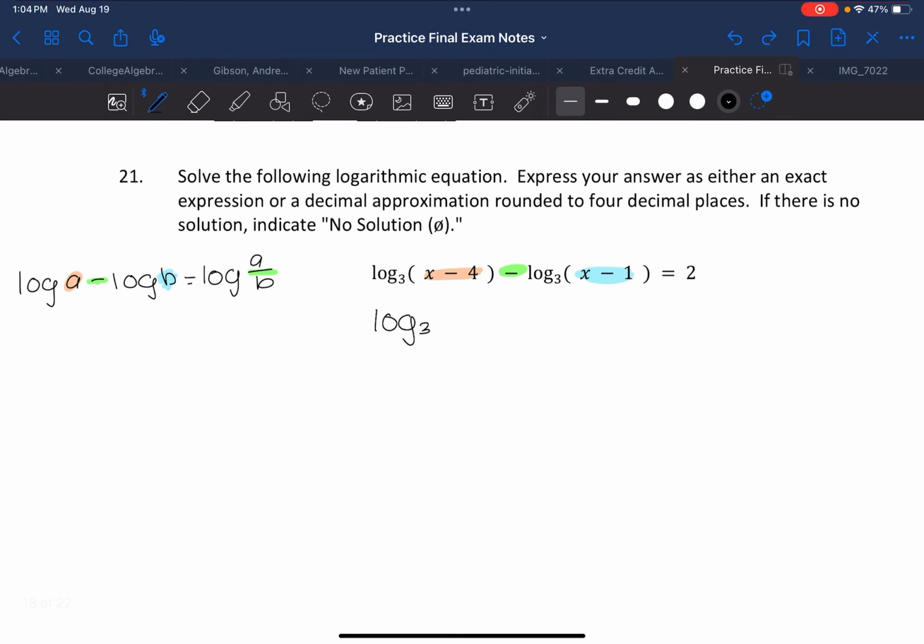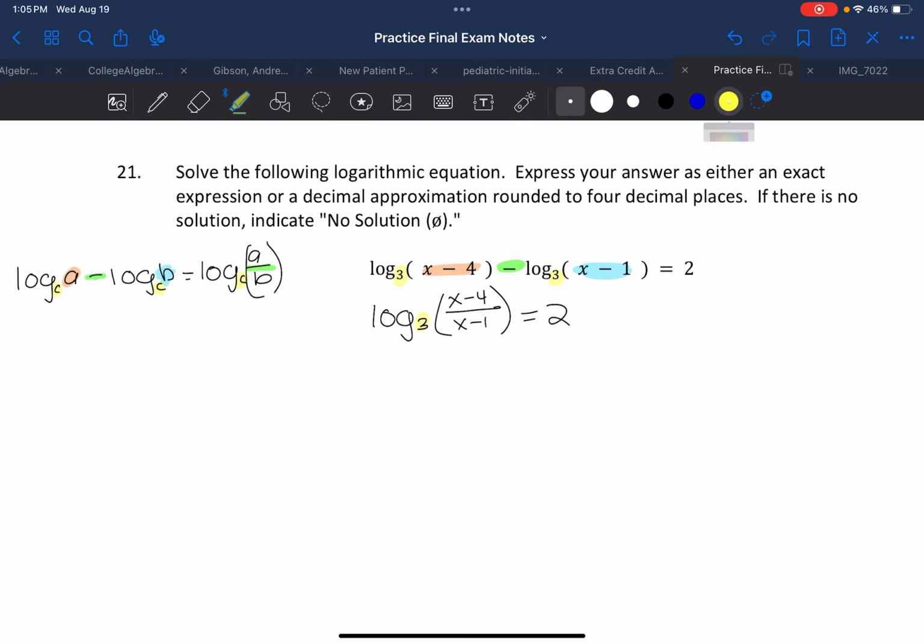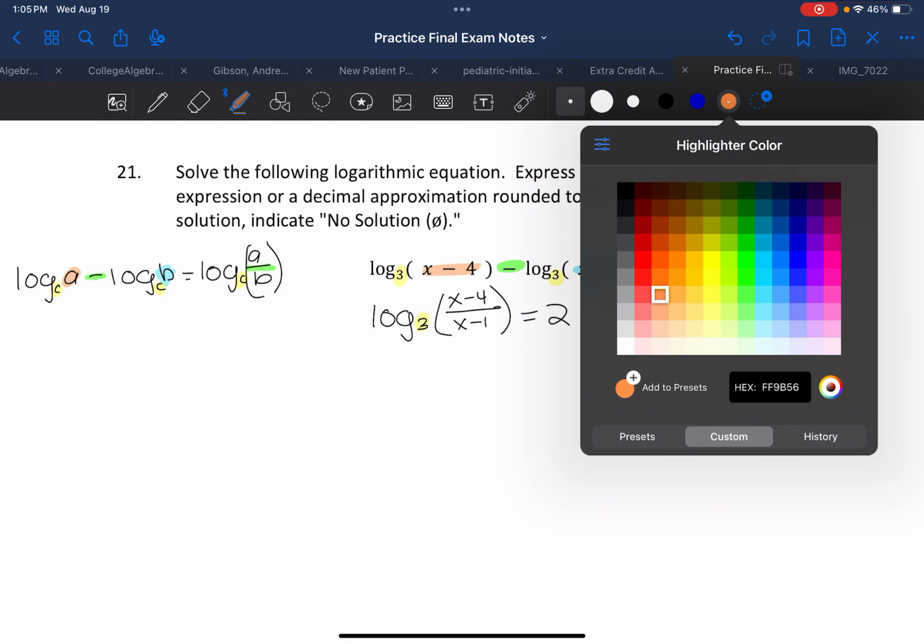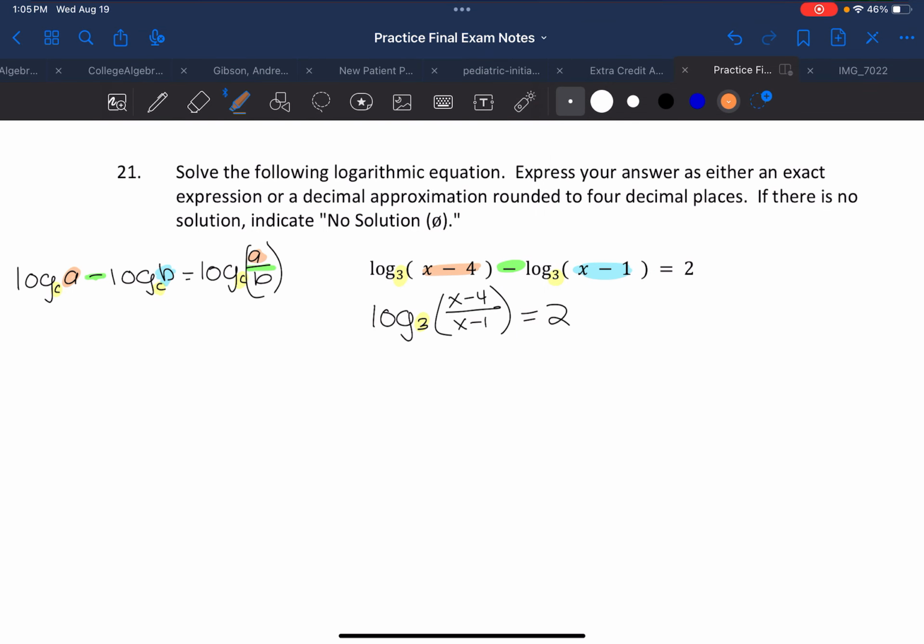So in this case, 3 would be the C I just added here. And then inside, we're going to have x minus 4 divided by x minus 1 equals 2. Trying to use colors so you're not getting lost with where I'm getting this information from.